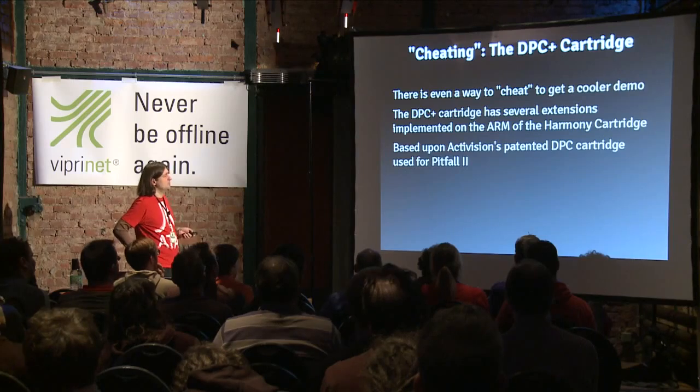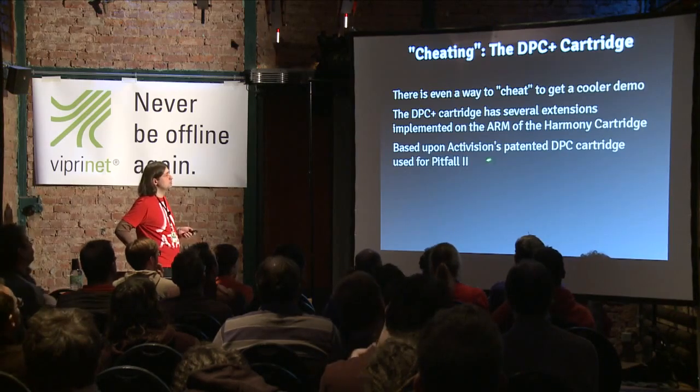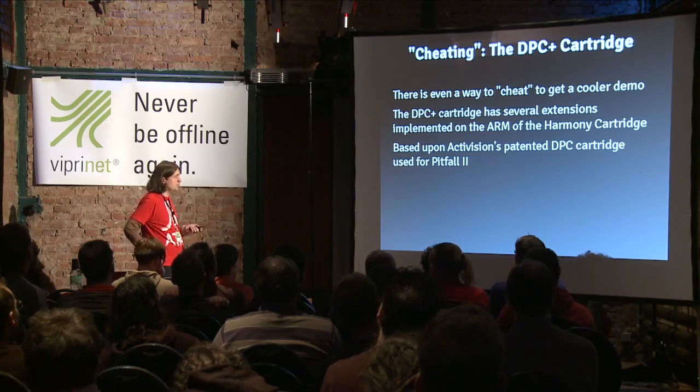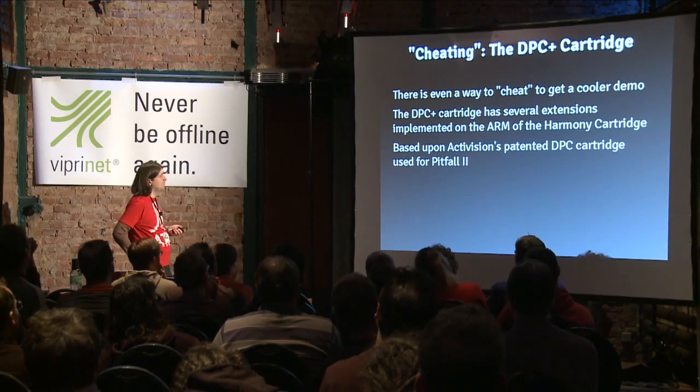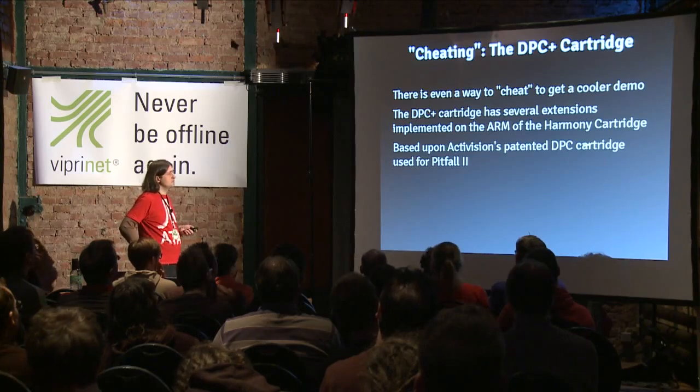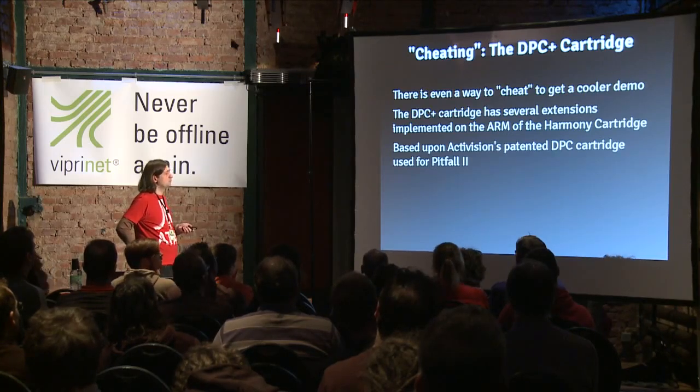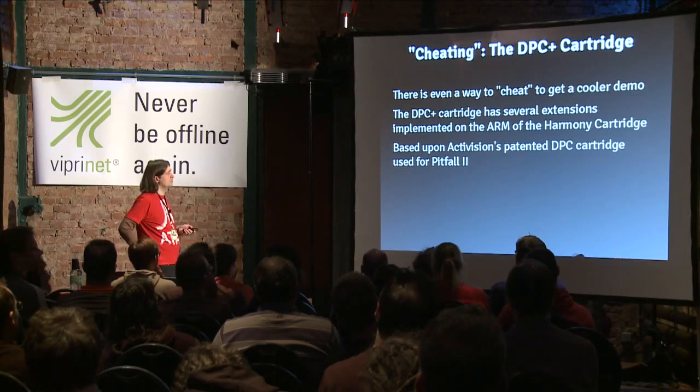It is based upon the DPC cartridge that was used for Pitfall 2. It's a great game, and when you see it, it really doesn't look like a VCS game at all. So the technique was invented there and patented, and some folks at AtariAge took this and developed it further using the microcontroller and got some cool stuff in there.